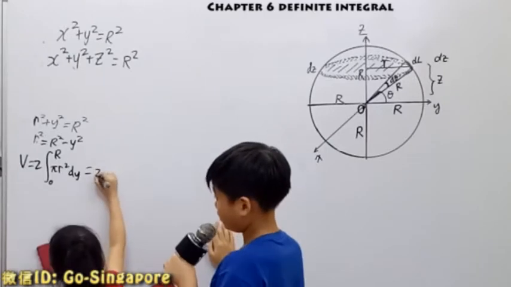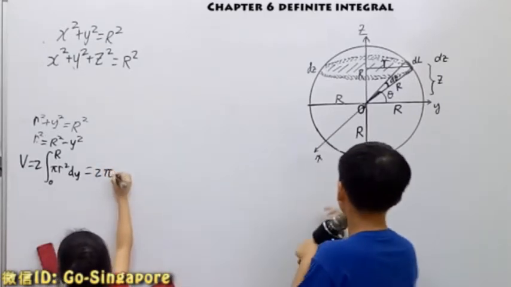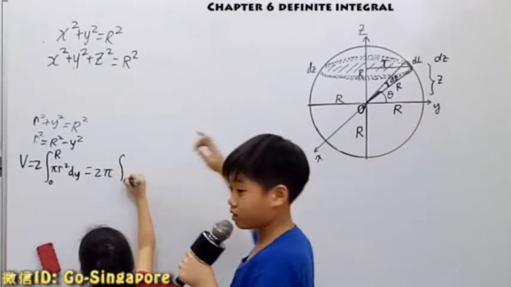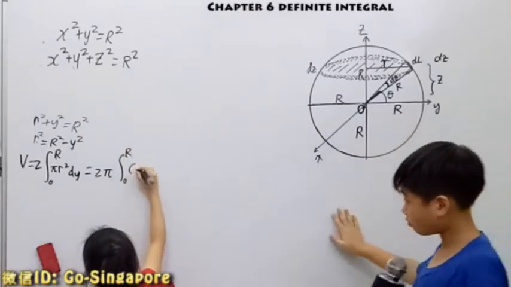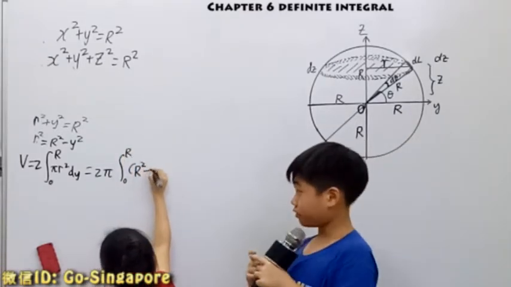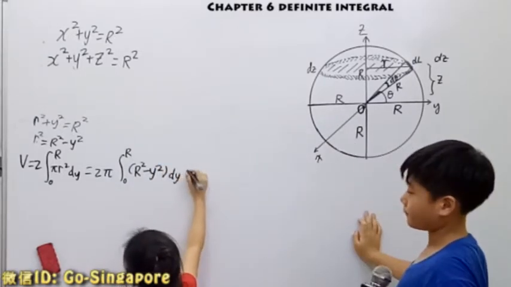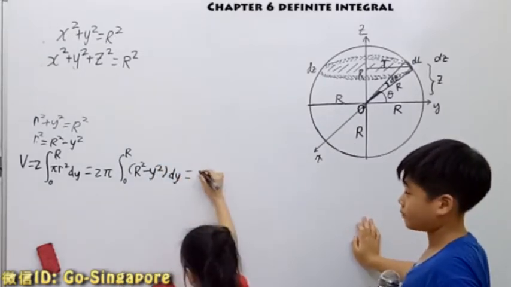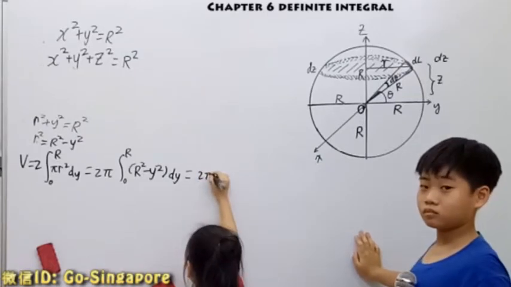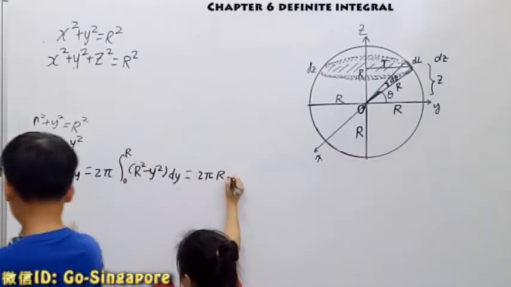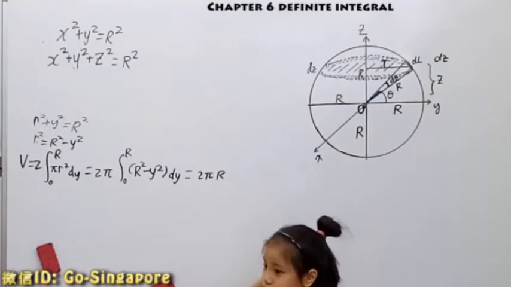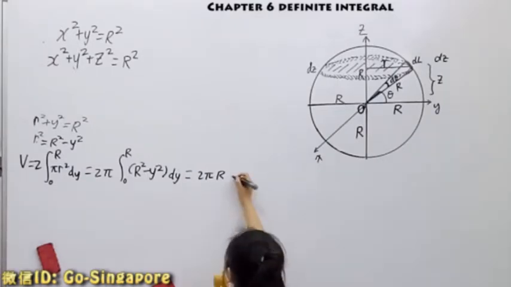So that part is the pi r squared, the area of each disk, and this dy. And remember, when these two are multiplied together, it's the volume of each disk.